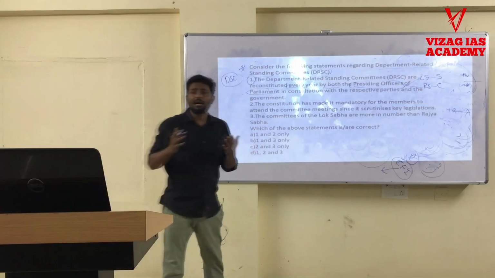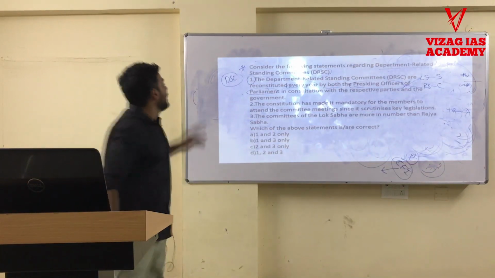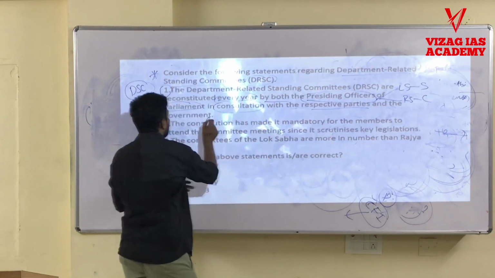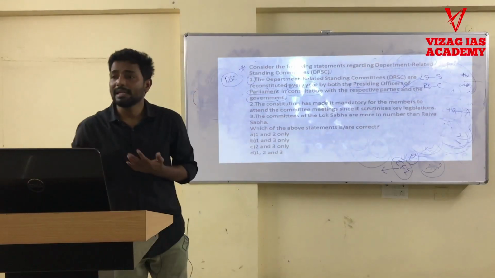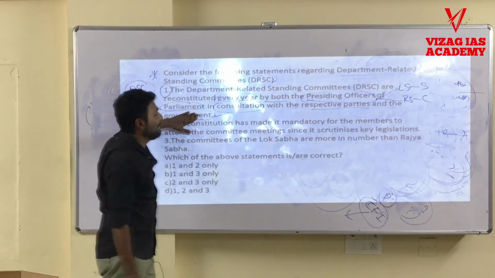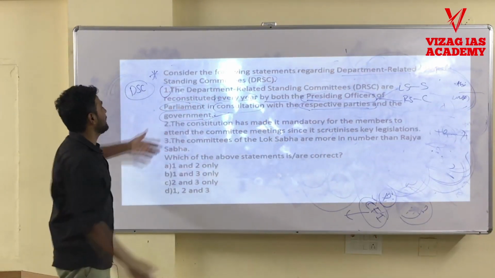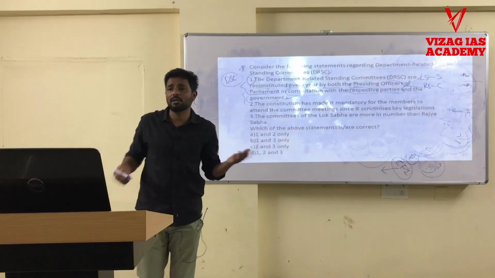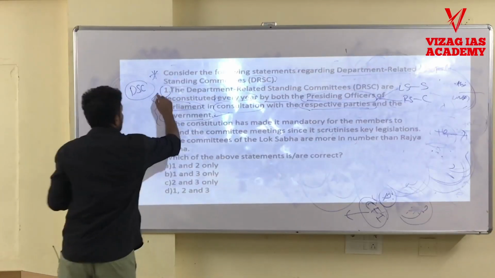And anything in parliament is a consultation process. So he has to consult with the respective parties. Who are the stakeholders? Consultation means having some deliberations with the stakeholders. Government and the opposition parties, main opposition and other respective parties. So they must be consulted before constituting, because they are the stakeholders. So statement 1 is correct.